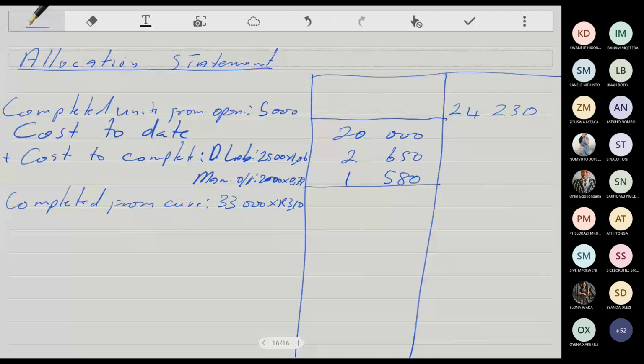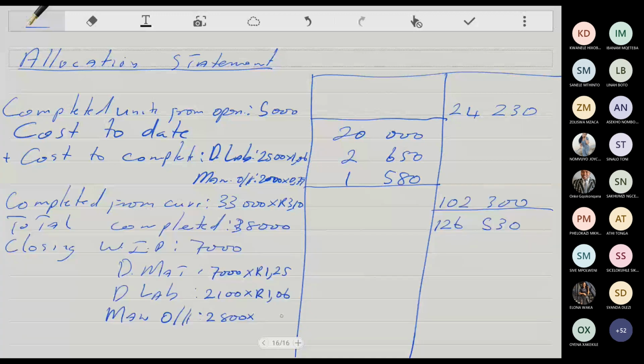It is 7,000 in your direct material, then you've got 2,100 here and 2,000. This is 2,800, I think so. Times the cost per unit of 1 rand 25, 1 rand 6 cents and 79 cents.